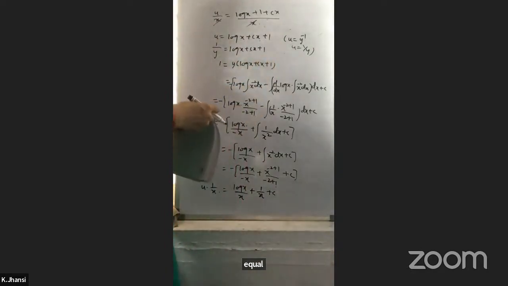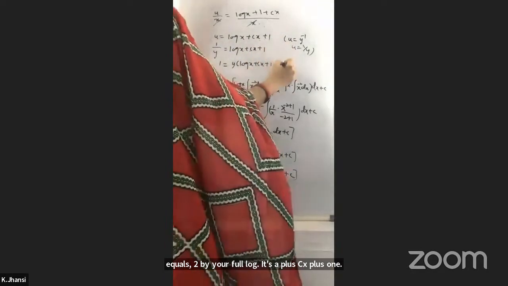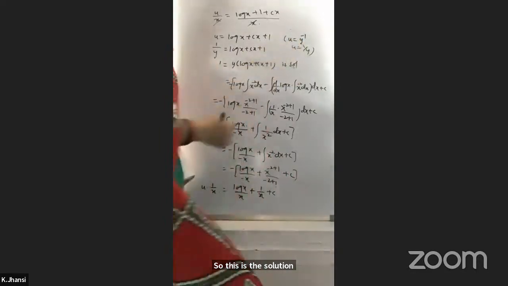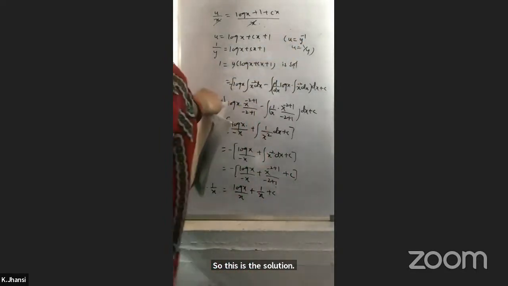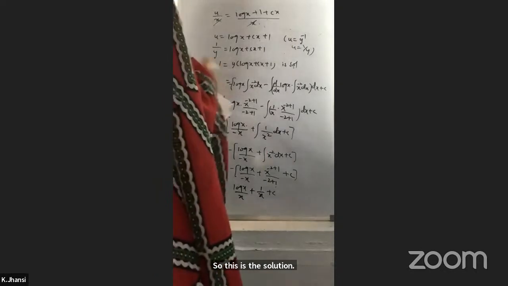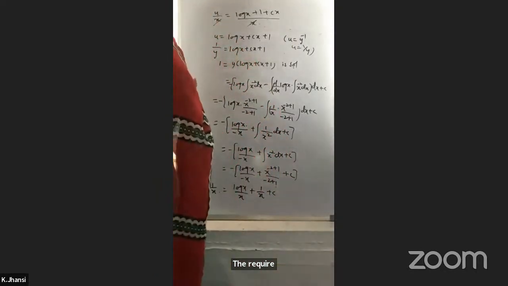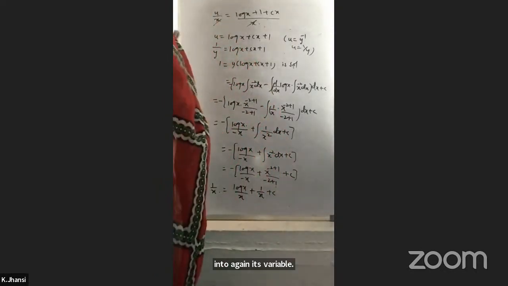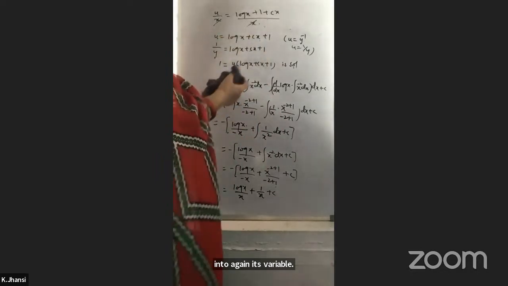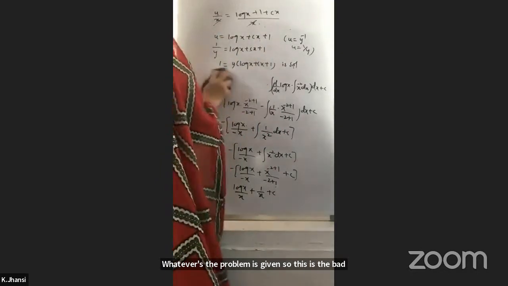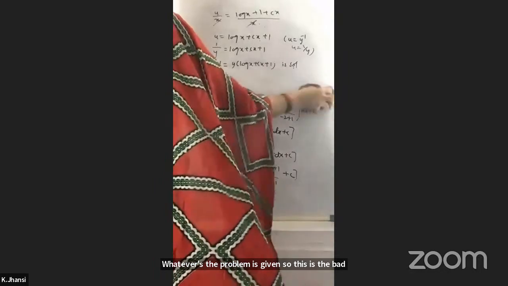So this is the required solution. Compulsory, you have to convert it into its original variable, whatever the problem is given. So this is Bernoulli's method, how to find the solution for the given problem.